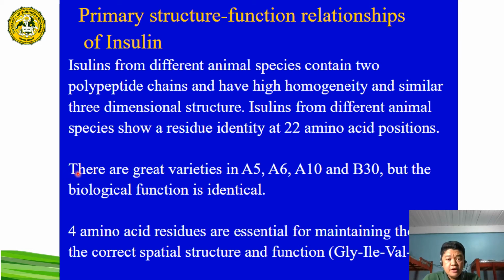So although they are said to have high homogeneity, there is still great variation, particularly variation that is located in amino acid number 5 of the A chain, amino acid number 6 of the A chain, A10, amino acid number 30 of the B chain. But the biological function is still identical.